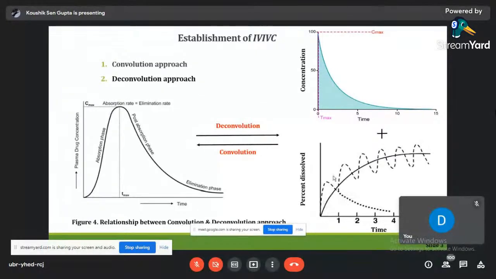One is the bold line. This bold line, as you already performed in your lab, is the in vitro dissolution study, you get this type of bold line graph, is it not? That indicates the absorption phase. Understood? That is the percent dissolved, or cumulative percent of drug release versus time.